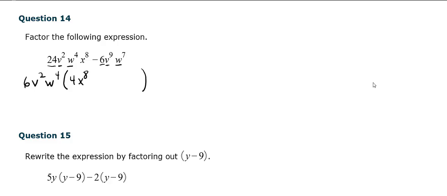Next, I have negative 6 divided by 6, which is negative 1. I had 9 factors of v, and I took 2 out, so I subtract, and that leaves me with 7. I had 7 factors of w, and I took out 4, so remember, you're subtracting, and that leaves me w to the third.